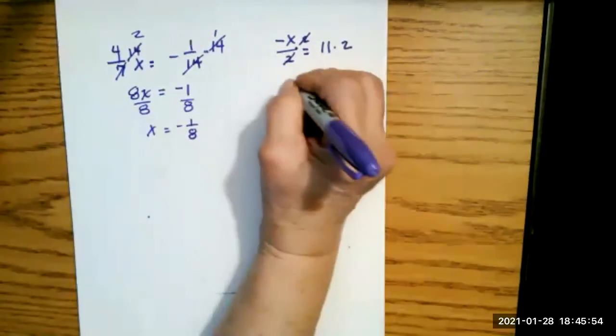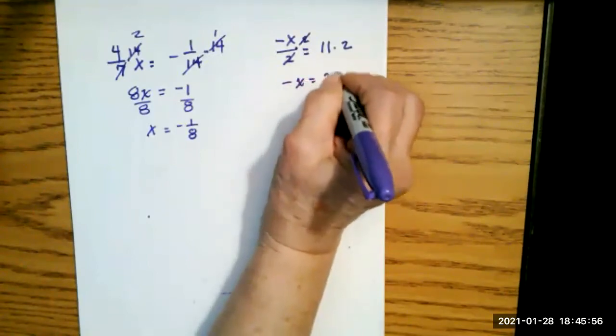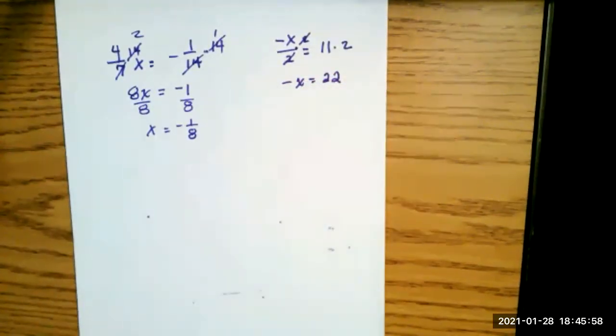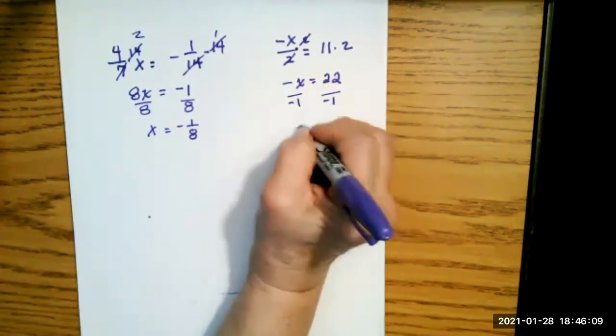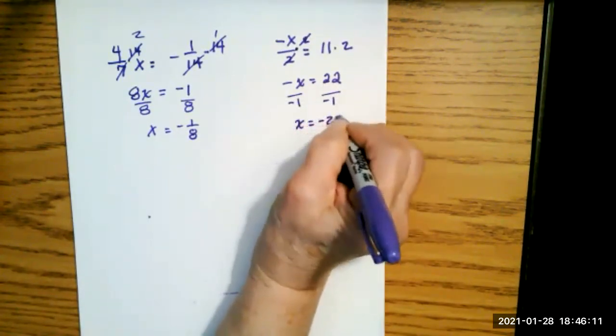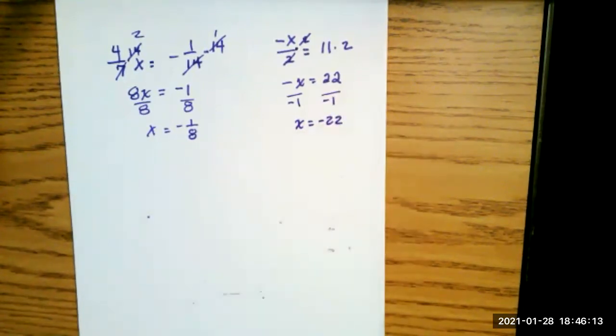And I'll have negative x equals 22. But you can't leave it as negative x. You can only have these equations have positive x there. So you have to take one more step and divide out that negative, and you have x equals negative 22. So don't forget to do that.